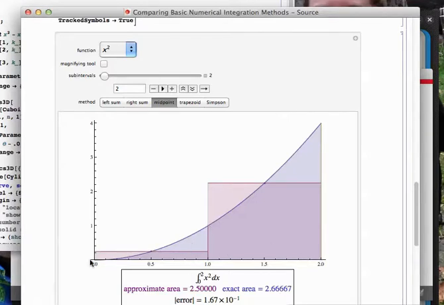But one of the questions is, in this particular case, what do I use as my height? My total base of my yard is 2 fathoms. I'm going to split it into 2 rectangles, which means I've got endpoints at 0 and 1, and 1 and 2. But if I use the midpoint to calculate my height, I've got to do a little bit more work. The midpoint is halfway between 0 and 1, which is a half. I evaluate a half, and that gives me a half squared, a quarter.